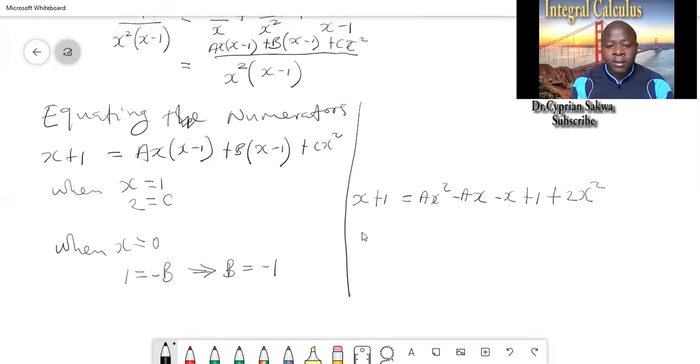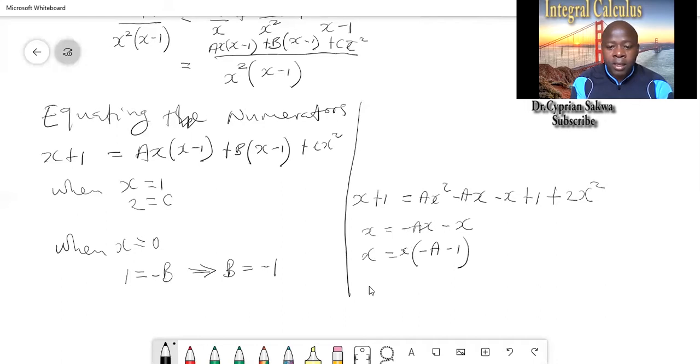So on the left side I have x, equal to the right side, negative ax minus x. So x equals x into negative a minus 1.